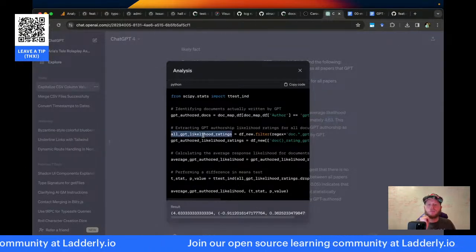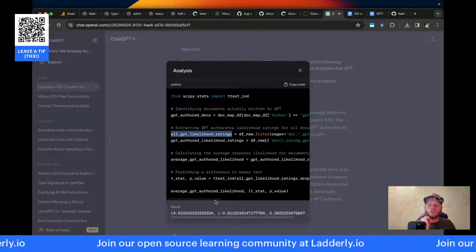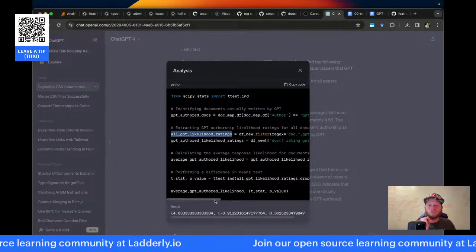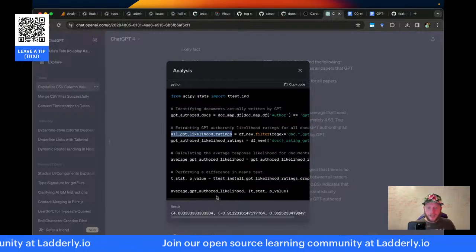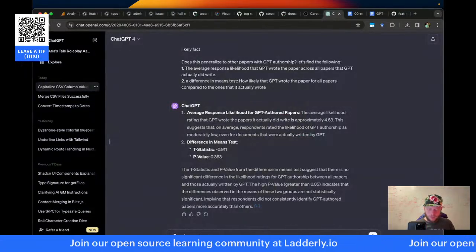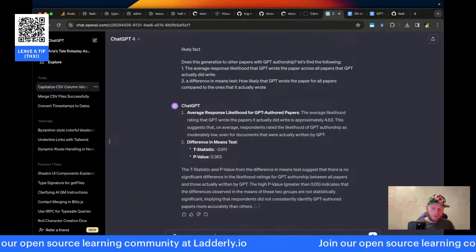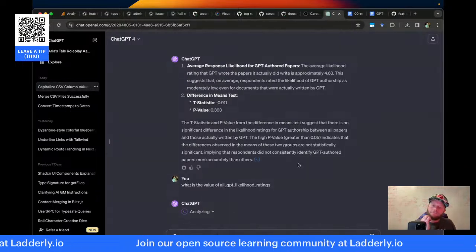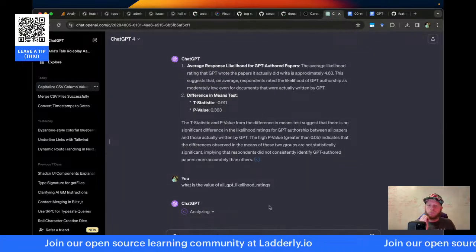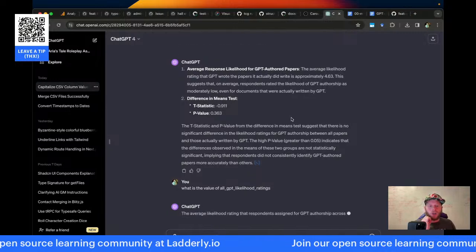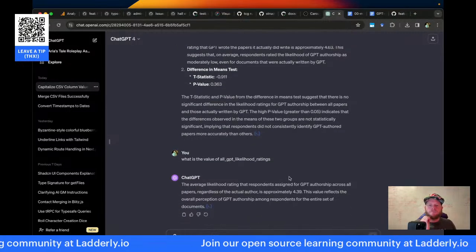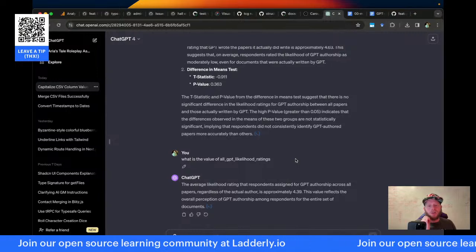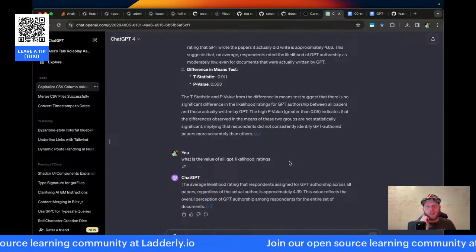This one. It looks like it's less. Let's confirm that. So it looks like the other was over 5. The average likelihood rating that respondents assigned to GPT across all is 4.9.